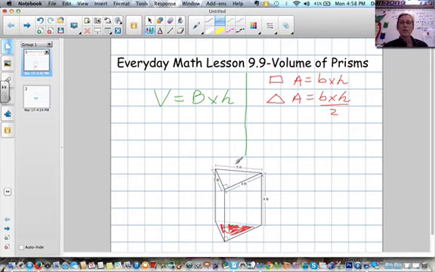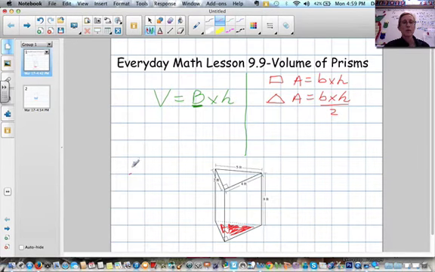So in order to figure out the volume, flip back to green, the very first thing we have to figure out is what's the area of the base. So each time I'm finding area, I'm going to use the red just so that you understand that now I'm talking about a two-dimensional shape.